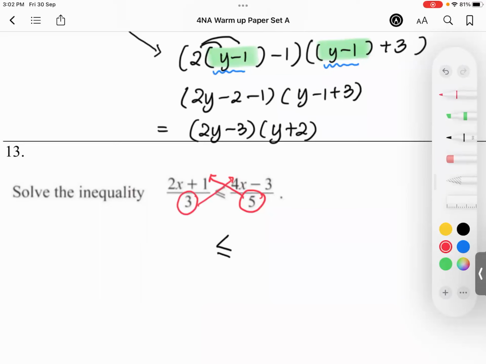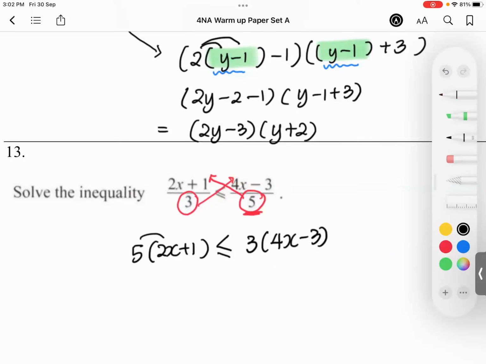Follow accordingly. 5 cross over to this side, so this will be the opposite denominator over here: 5 bracket 2x plus 1. Then this side over here will have the opposite denominator, which is 3 bracket 4x minus 3. After which you need to expand and simplify the terms.